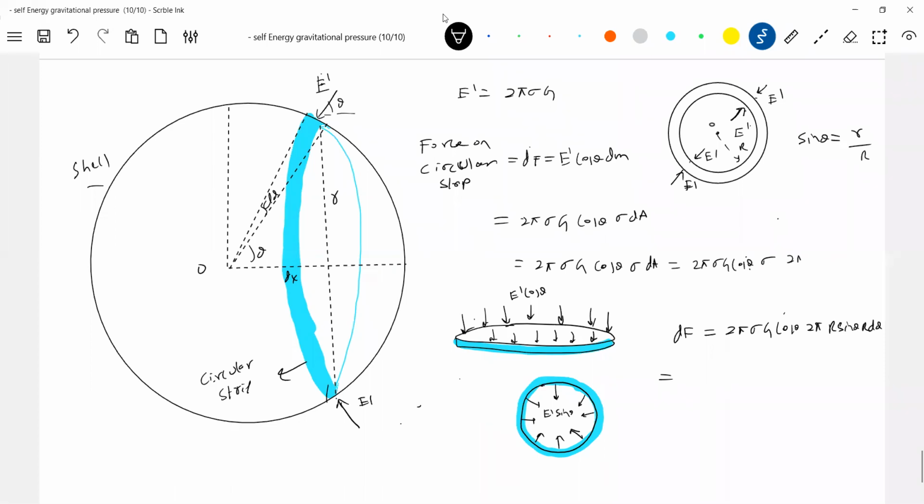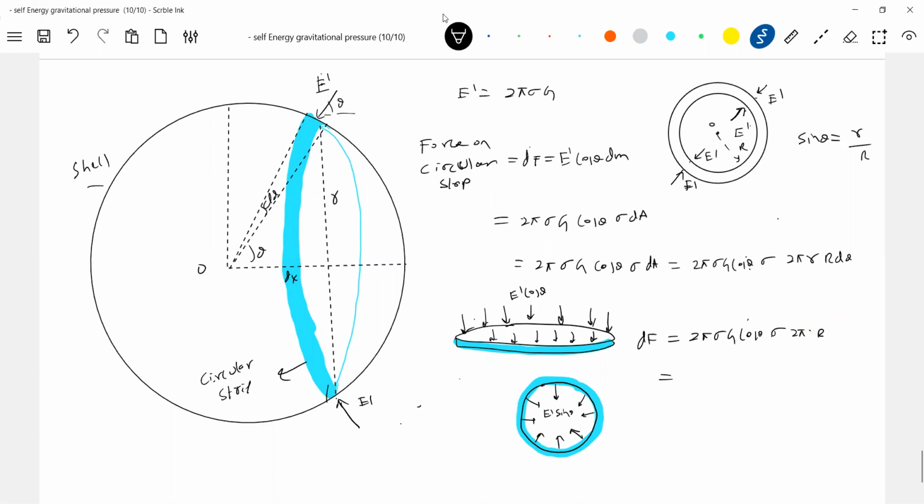Sigma into this is 2 pi r d theta. Before that, 2 pi should come. Check everything. So here smaller r I should replace, no?